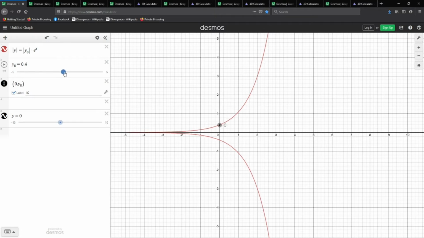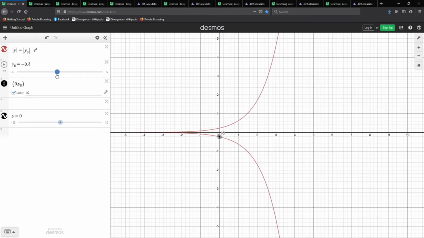If instead we have an initial condition in the orbit set from negative infinity to 0, just from here to here, the solution is going to shoot off to negative infinity. And if we have an initial condition of 0, the solution is just going to be the constant y equals 0.